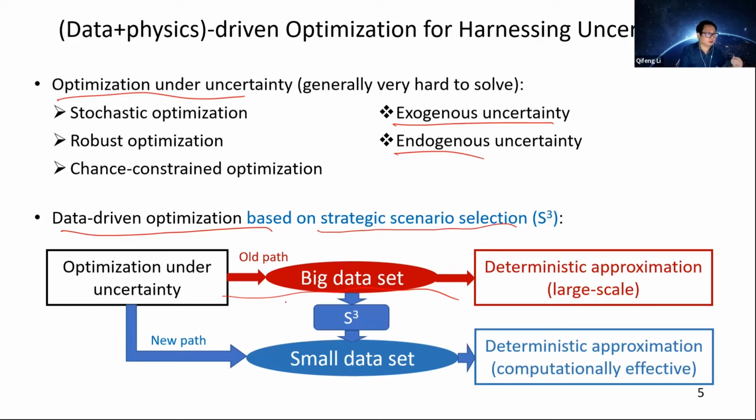In order to have an accurate approximation, basically you need a big data set to solve the optimization problem accurately considering the uncertainty. We developed the S-Cube module to produce a smaller data set which can represent a big data set. But the benefit is that the problem can become much easier to solve.